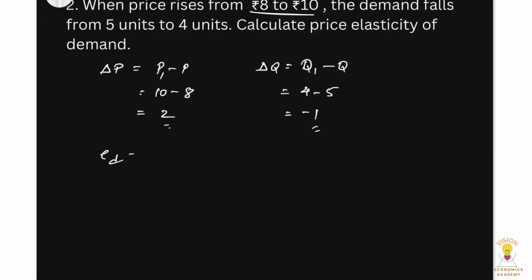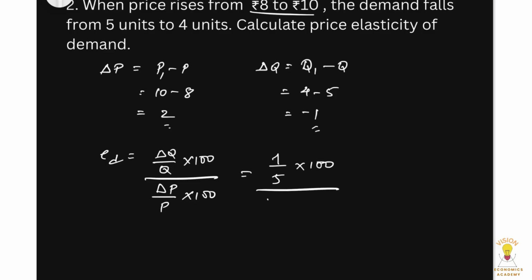Now elasticity of demand equals change in Q by Q into 100 by change in P by P into 100, that is percentage change in quantity, that is 1 by 5 into 100.